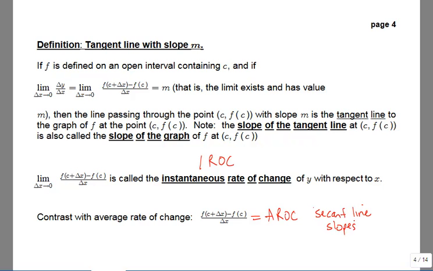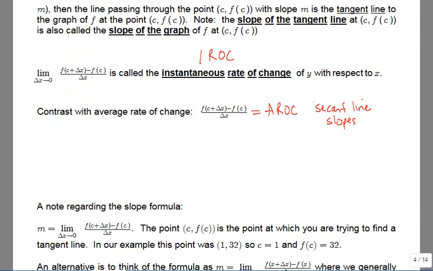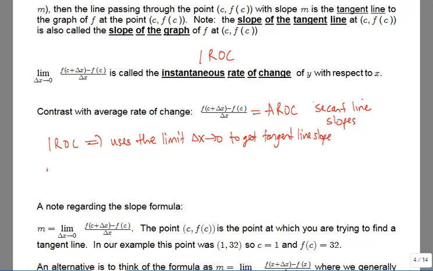But as soon as you take the limit, then those secant line slopes turn into your tangent line slope. So the instantaneous rate of change uses the limit as delta x goes to 0 to get the tangent line slope, whereas the average rate of change does not use the limit and just gets you the secant line slopes.